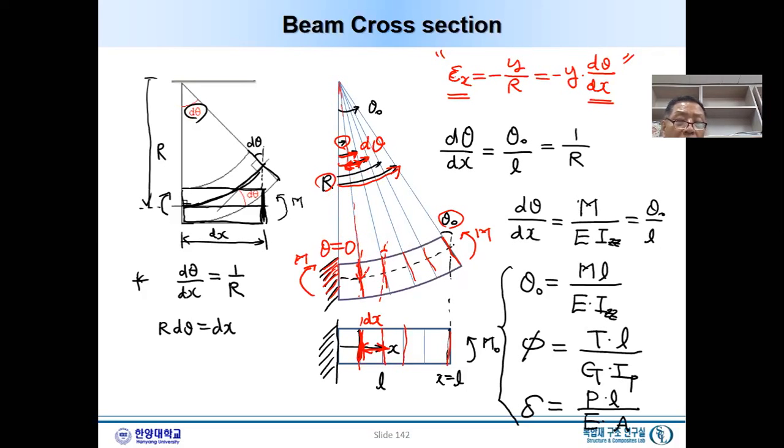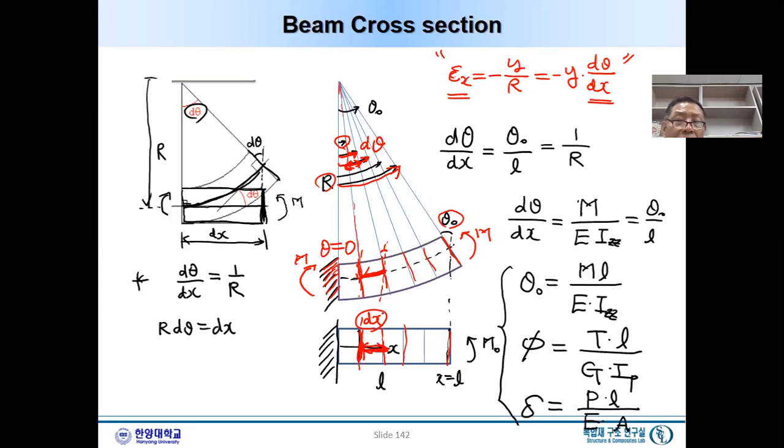So r times d theta is this length, which is assumed to be the same as dx. Strictly speaking, it is not exactly the same, but it's good enough.